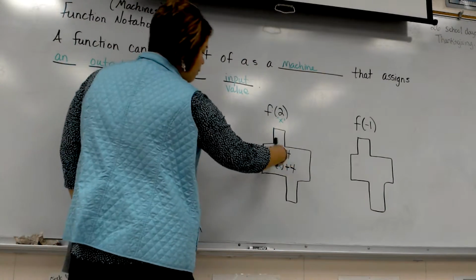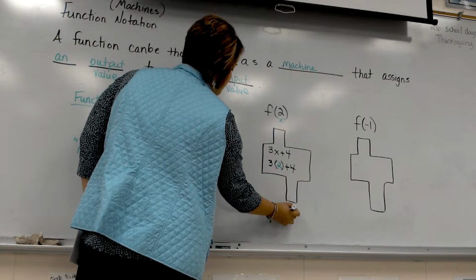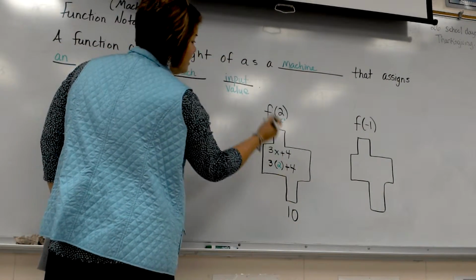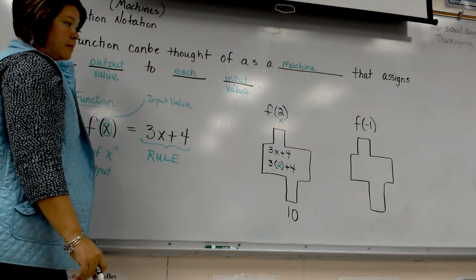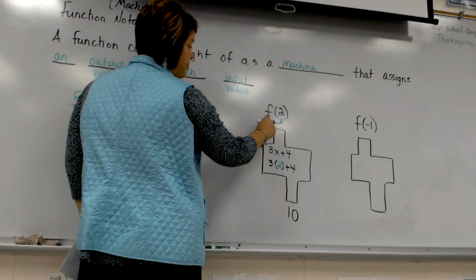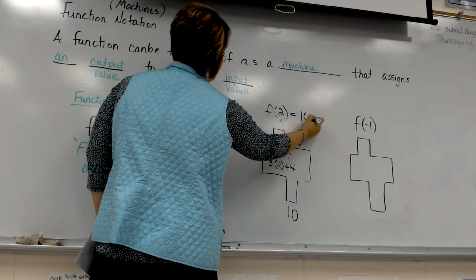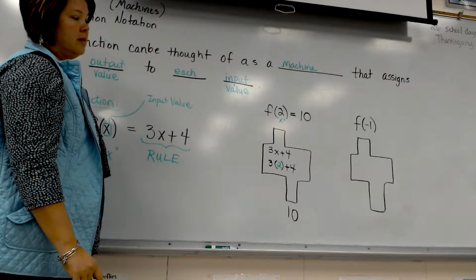Well, when I do my rule, I should get out 10, because 3 times 2 is 6, plus 4 gives me a 10. So that means that f of 2 has an output value of 10. Okay?